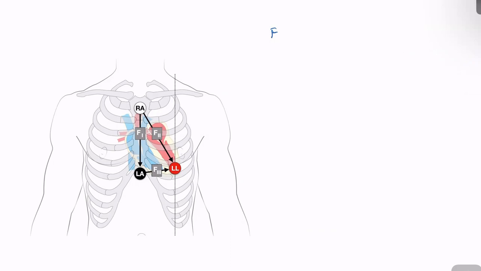That's why we call it the Lewis lead. And the Fontaine leads were discovered by Guy Fontaine, and they are used for better visualization of the epsilon wave in arrhythmogenic right ventricular cardiomyopathy, ARVC, and it looks like something here, that is the epsilon wave.